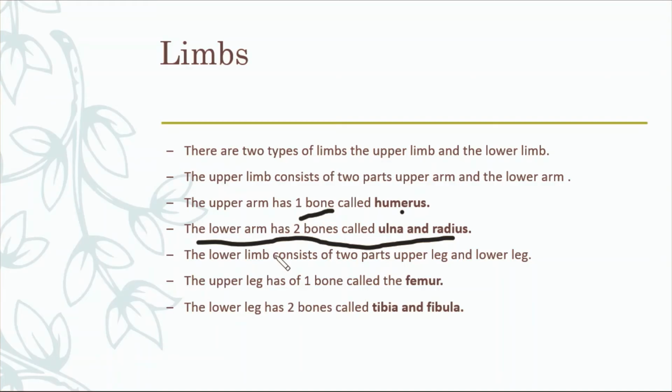Now the lower limb consists of two parts, upper leg and lower leg. So now the upper leg has one bone called femur, and remember that femur is the strongest bone, and the lower leg has two bones, which is tibia and fibula.